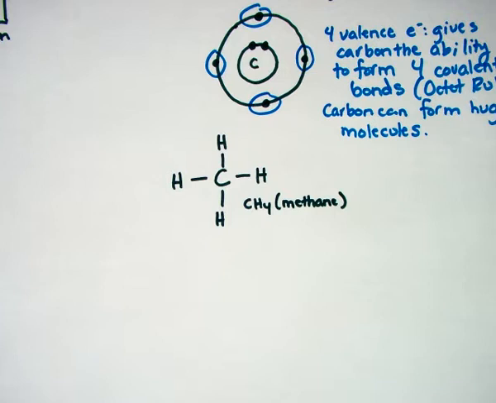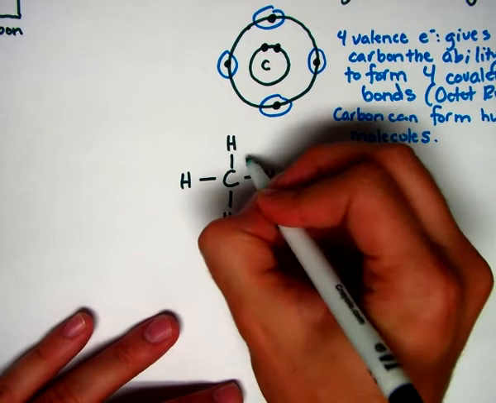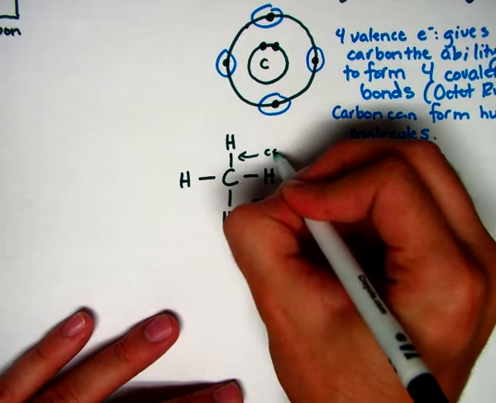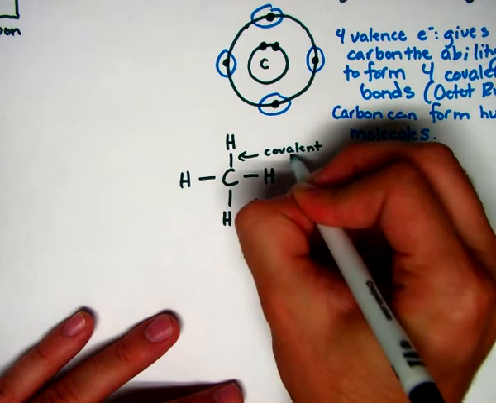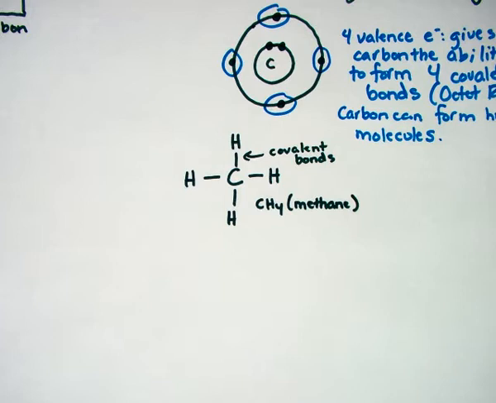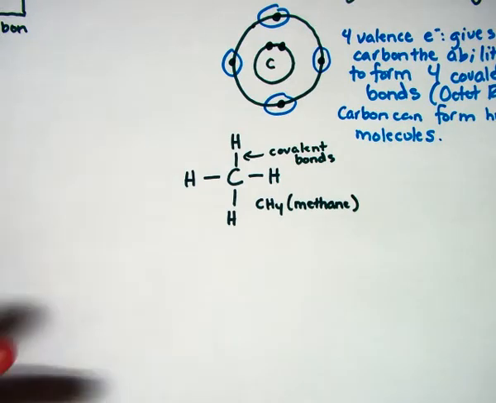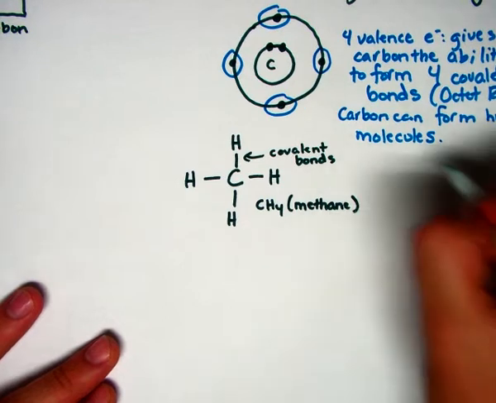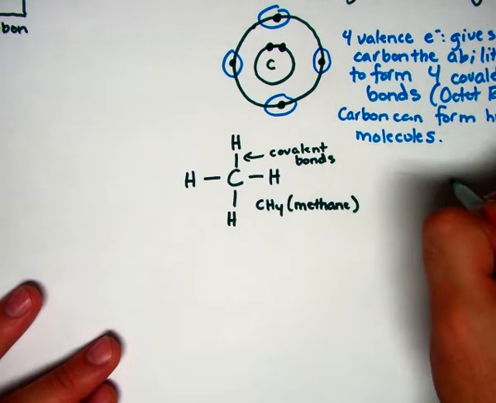We've got 4 covalent bonds. They're single covalent bonds. Okay. Carbon can also form double covalent bonds.